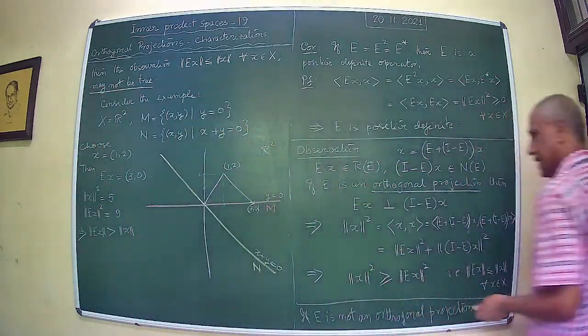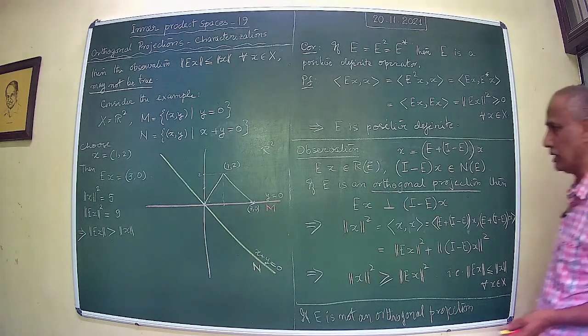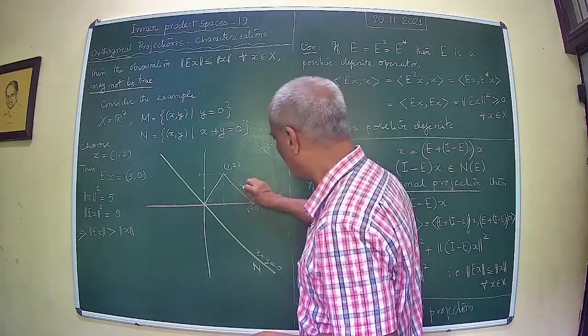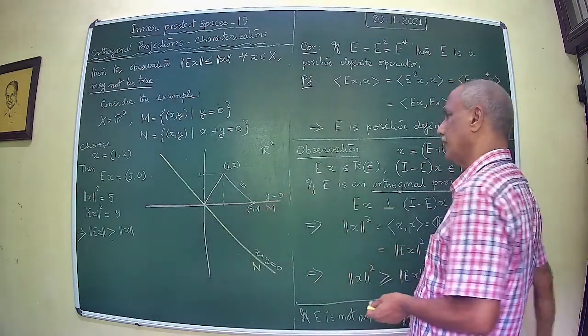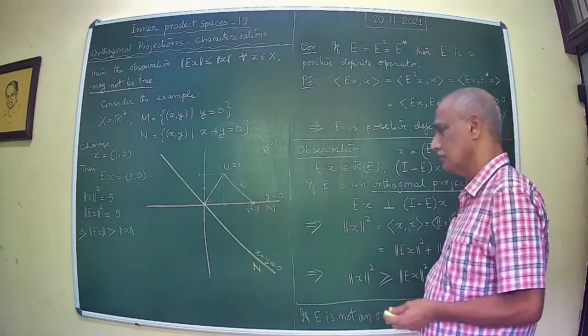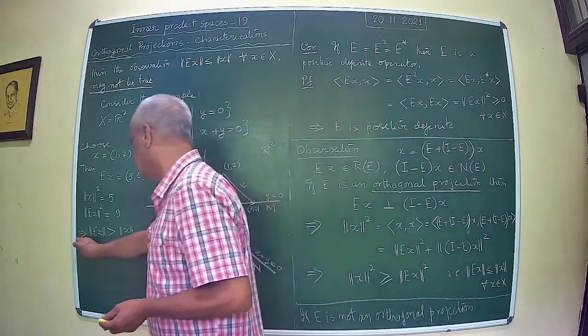So we have seen an example where you are talking about a non-orthogonal projection, where this particular inequality may not be true. Okay, so our question is this.